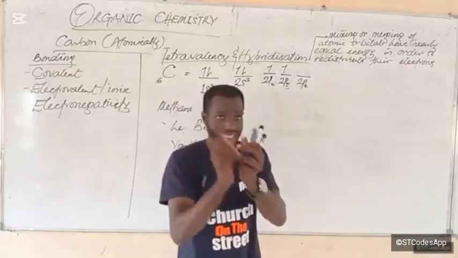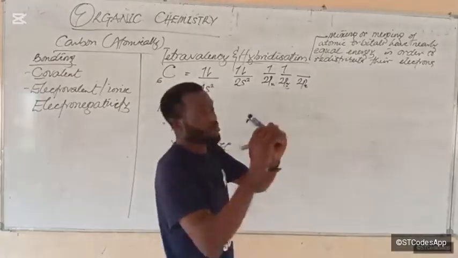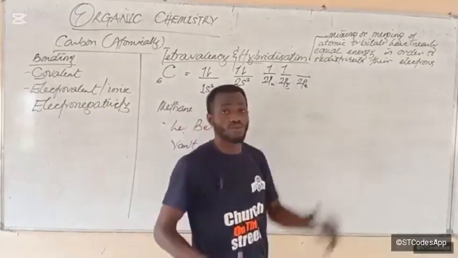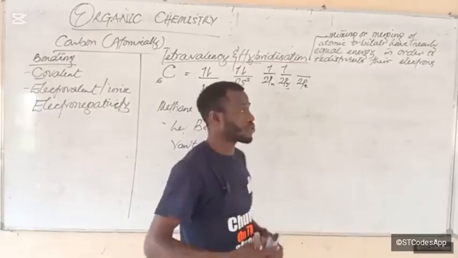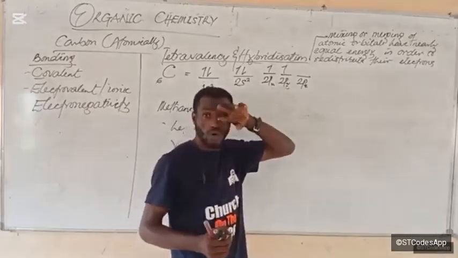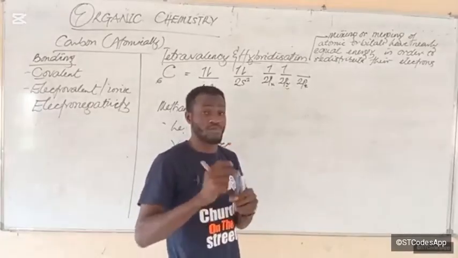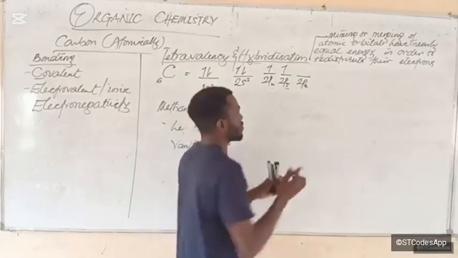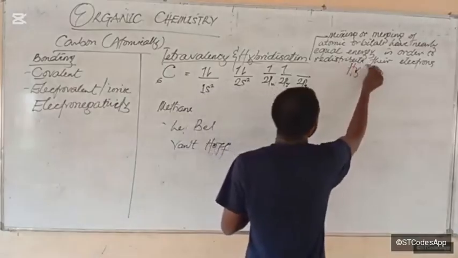Hybridization simply means the mixing of atomic orbitals that have nearly equal energy in order for them to redistribute their electrons. Usually this hybridization will alter the shape and orientation of that particular orbital, because the new orbital that will be formed is known as a hybrid.